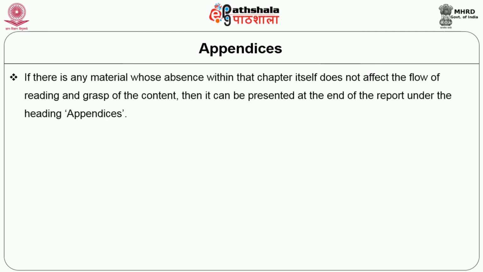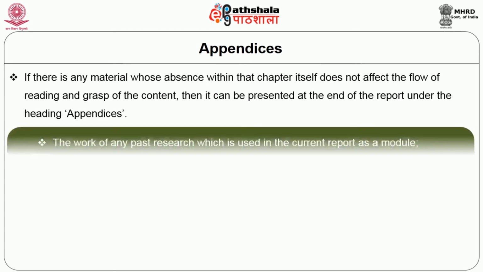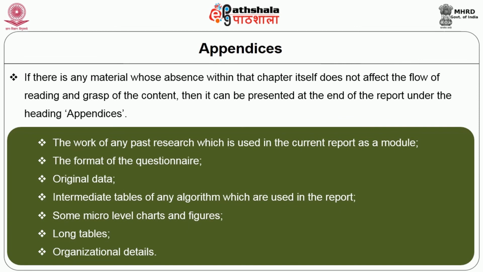In a chapter, if there is any material whose absence does not affect the flow of reading and grasp of the content, then it can be presented at the end of the report under the heading Appendices. The types of material to be placed under appendices are listed below.